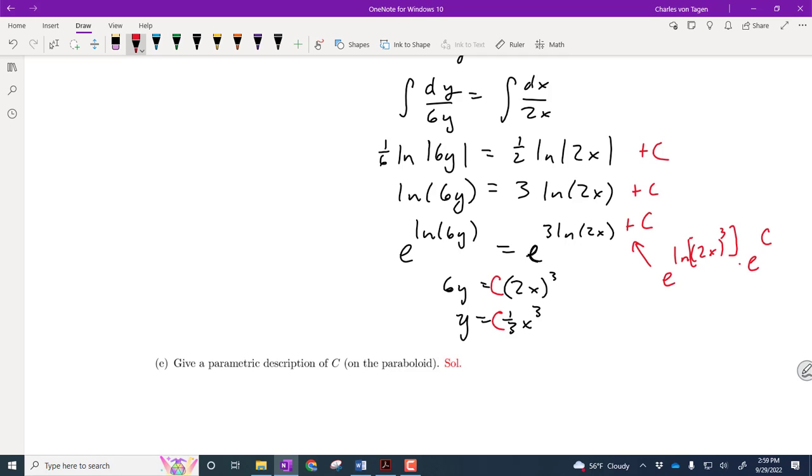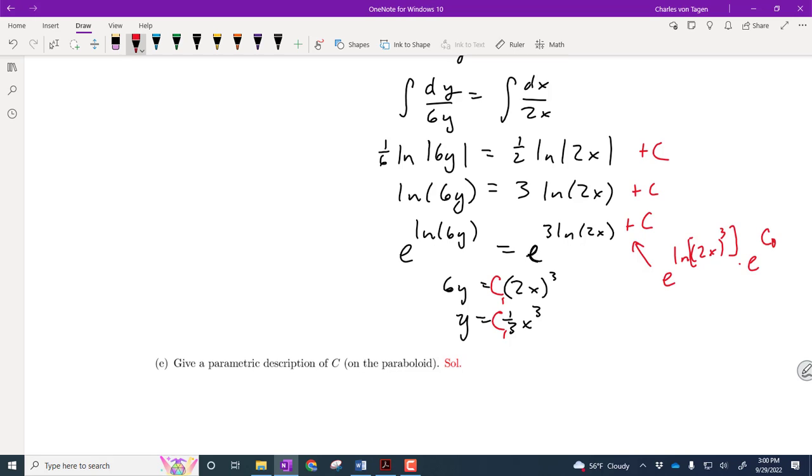Okay. But then, and this is a trick that all math people do. Maybe we give this constant a name like c sub 0. But what's an arbitrary number as an exponent of e? What's that going to give me? Another arbitrary number, and so we would maybe put c1 there.